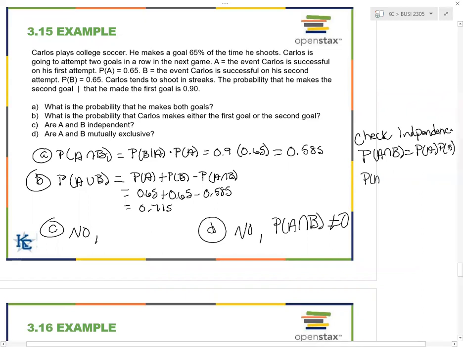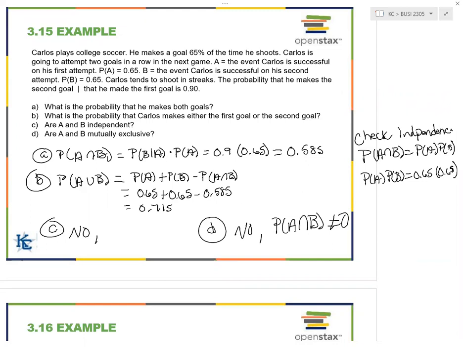The probability of A times the probability of B is 0.65 times 0.65.